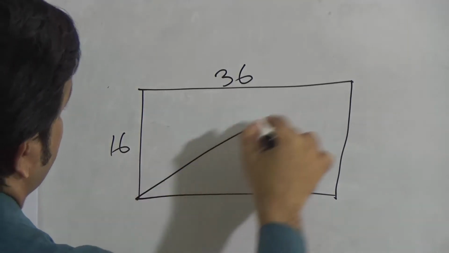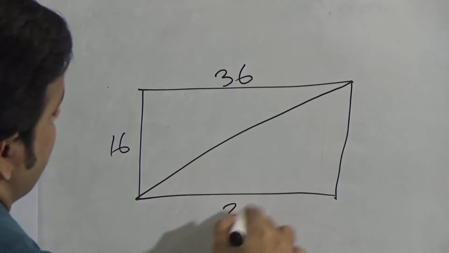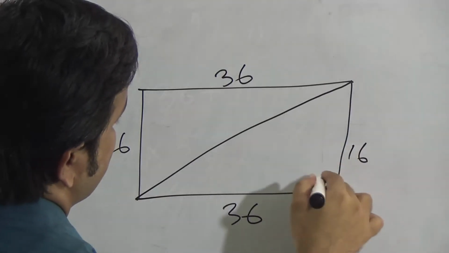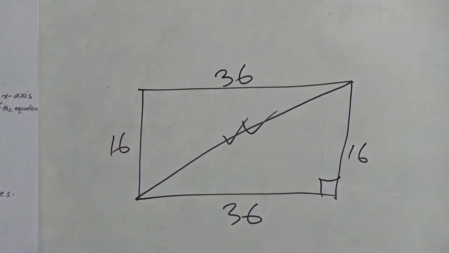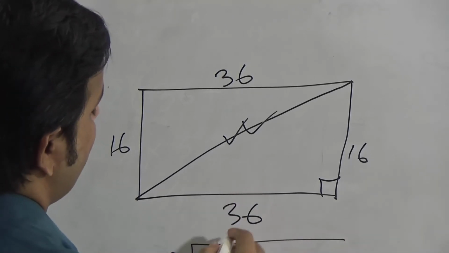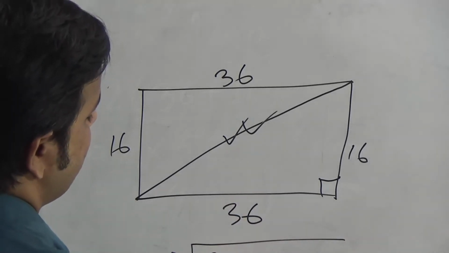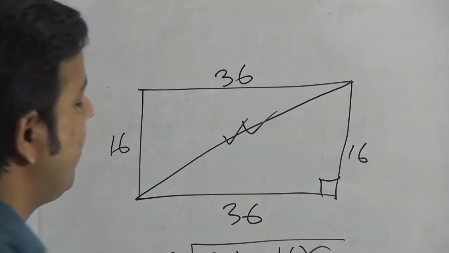If we draw a diagonal, this is a right angle triangle and this is the hypotenuse. According to the theorem of Pythagoras, the square root of 36 square plus 16 square will be the diagonal.